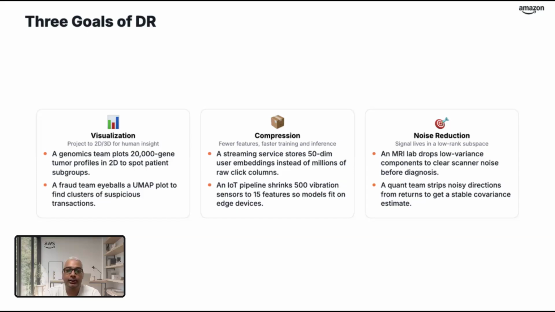In compression, let's say a streaming service might store lower dimensional data to be able to process it faster, send it through the network faster, and so on. And in noise reduction, an example would be a quant team that might want to reduce noisy signals or noisy inputs to form a more informative signal or stable covariance estimate to inform their predictive models.